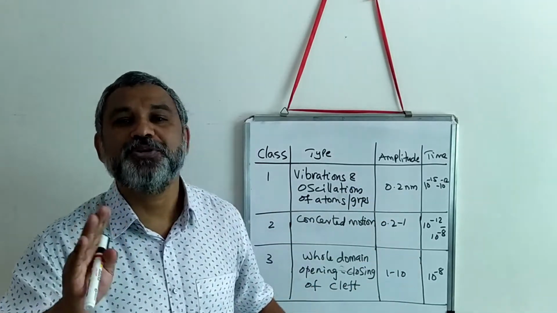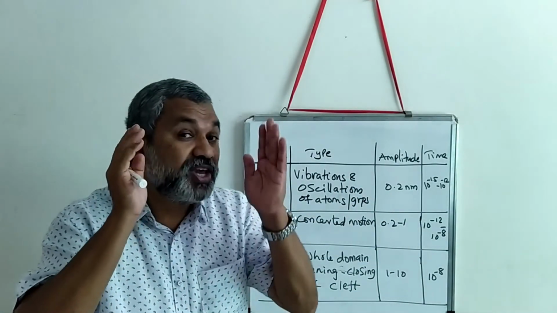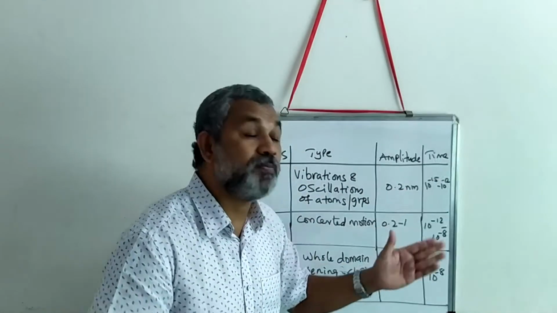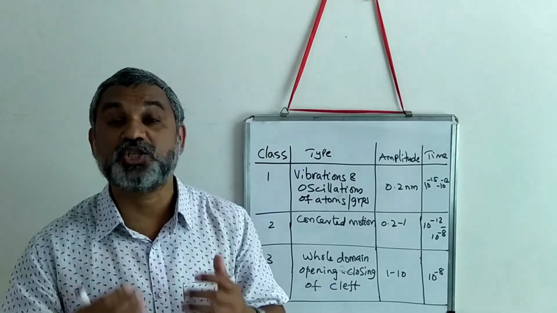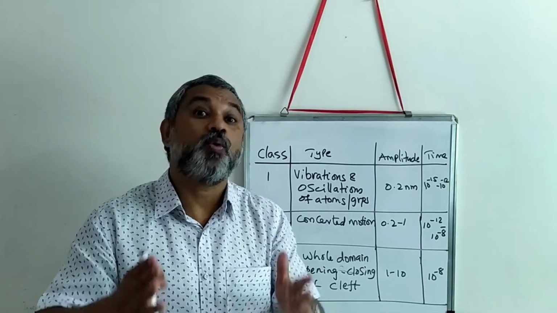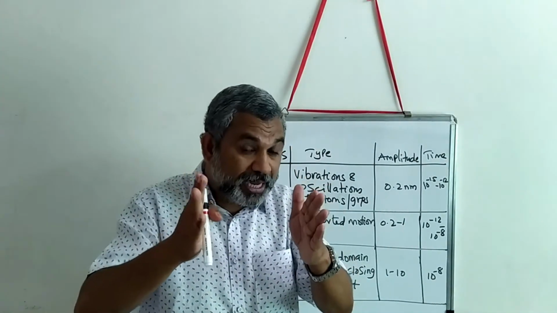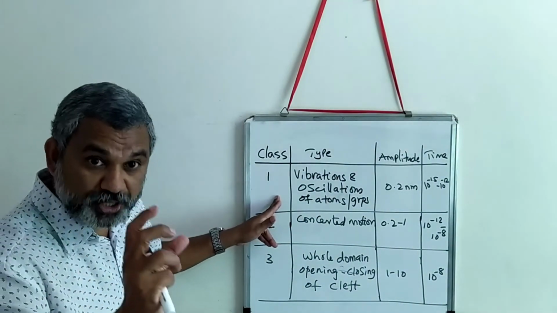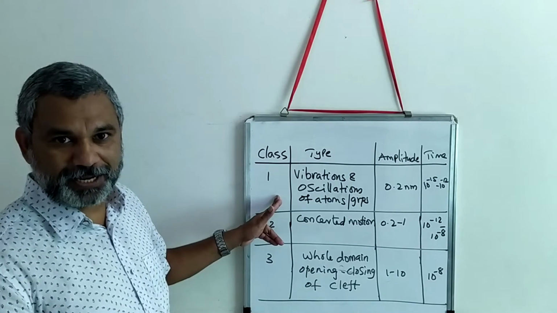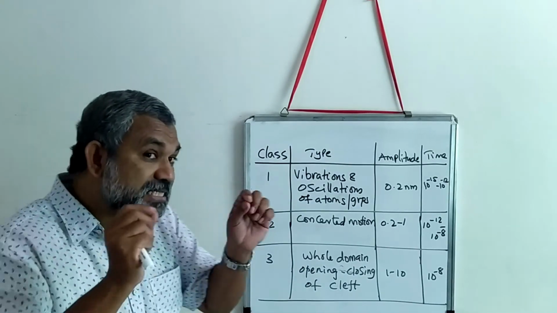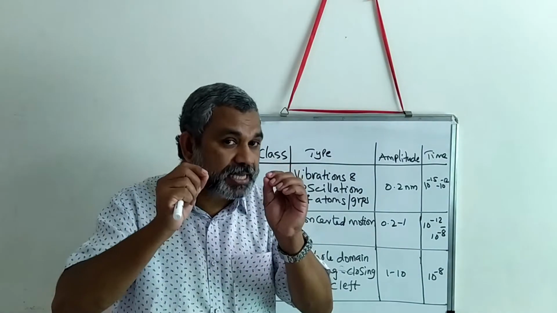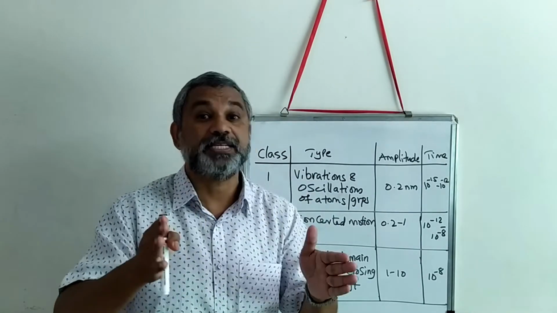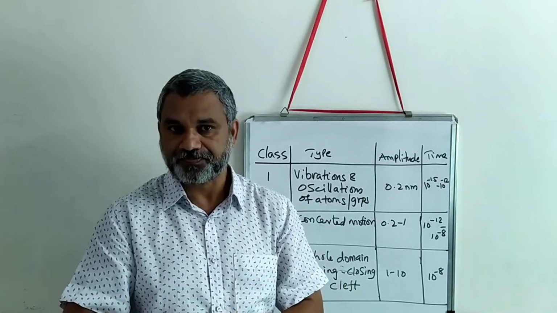It's about 0.2 nanometer, and they are very fast. Look at the time that it takes, 10^-15 to 10^-12 seconds. This is the first class of motion which occurs in a globular protein. And this is studied based on X-ray crystallography, so you can imagine that it is happening in the solid, crystalline structure.